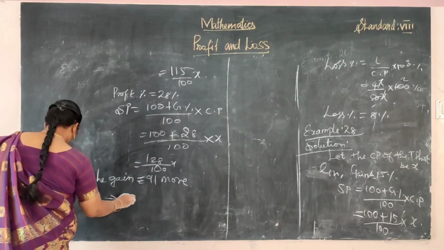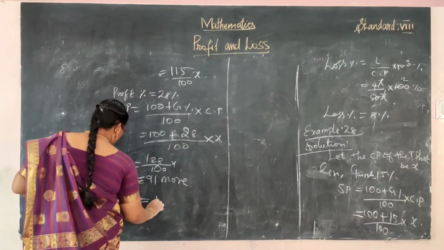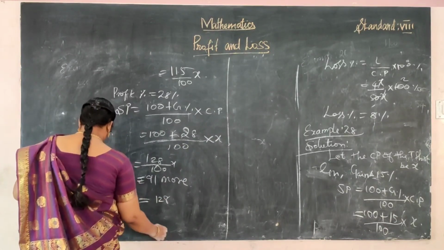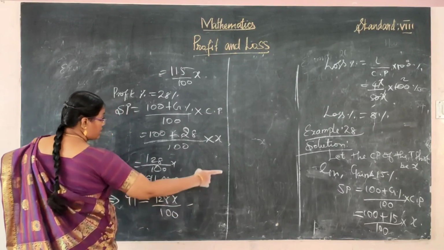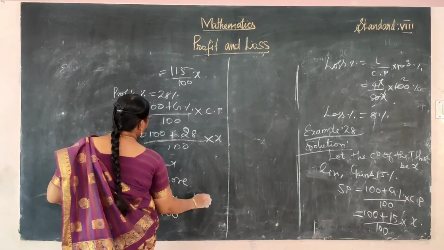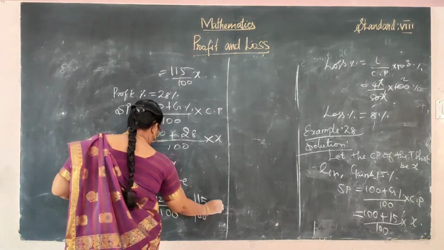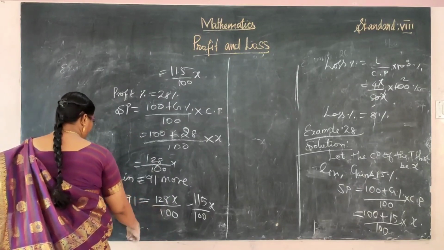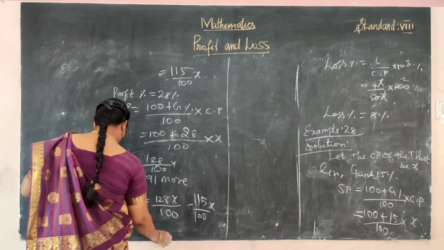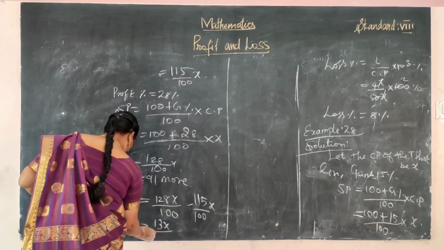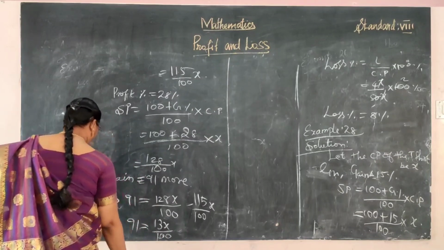That is, 91 is equal to 128x by 100 minus 115 by 100 into x. The denominator values are the same, so the numerator is 28 minus 15, and the answer is 13x by 100. This side is 91.